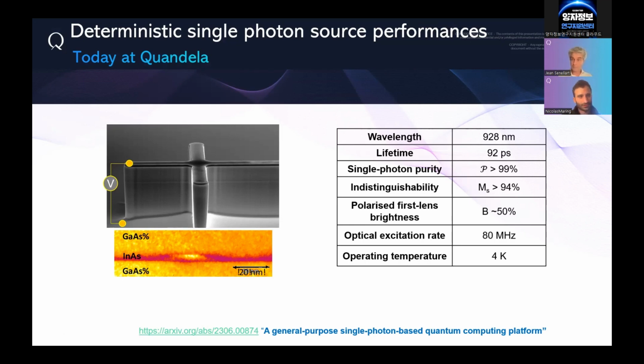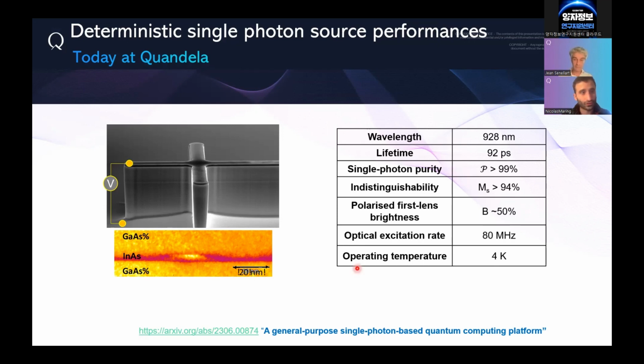The metric that tells you that we have only one photon per pulse is the purity, more than 99%, and indistinguishability above 94%. And very importantly, the polarized brightness, so the efficiency of the source, is today approximately 50%, but it can be pushed further, towards 100%.